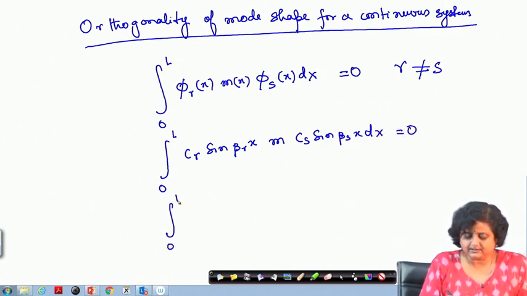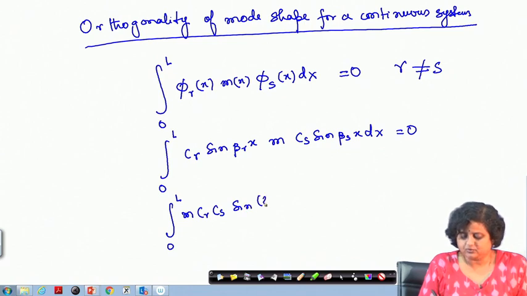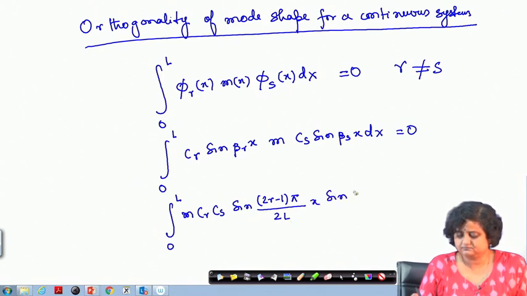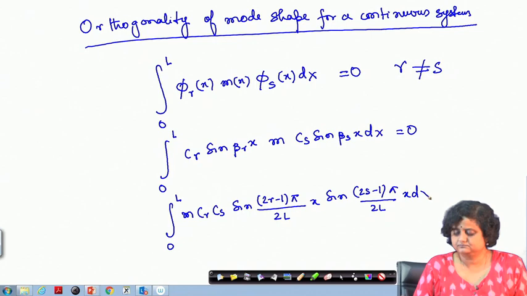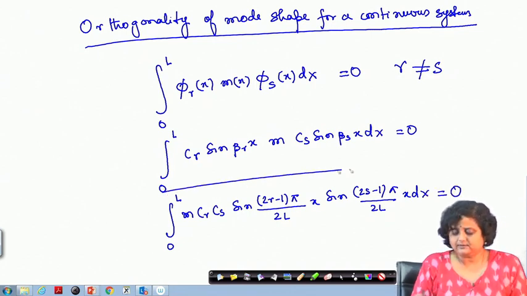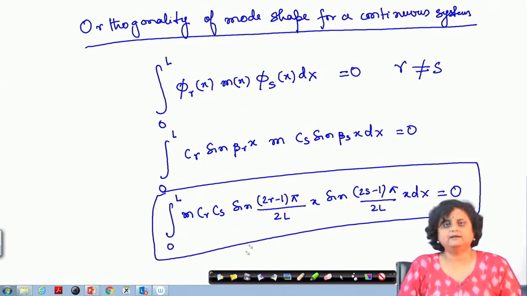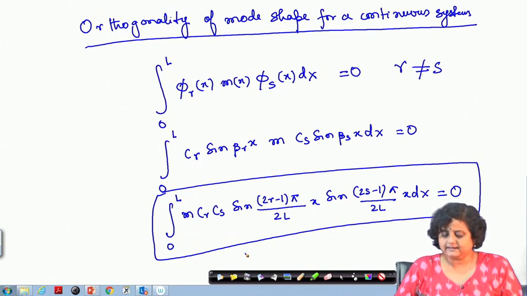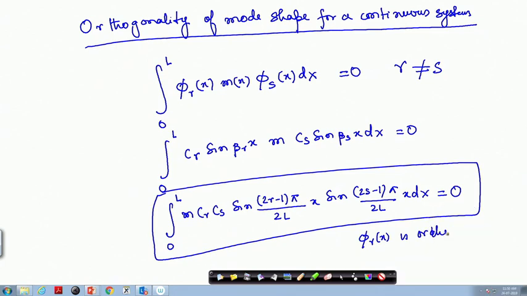So, that can even be written as the integral from 0 to L of m C_r C_s sin (2r minus 1)... One can always evaluate this integral and see that it is going to become 0, saying that phi_r(x) is orthogonal to phi_s(x).